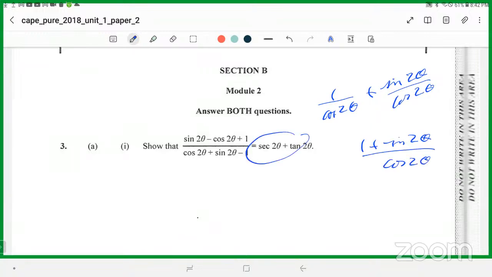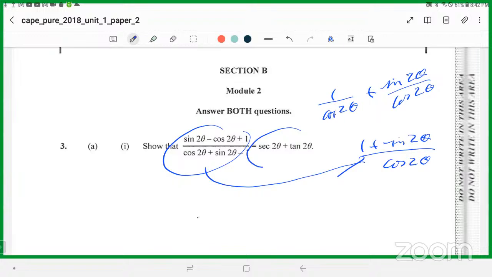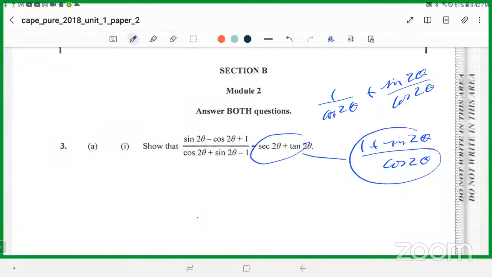So I will take this side and work towards that, and when we reach that, we reach this. That's why you have to know that the right side is really this. So in working towards this, you work towards that first.